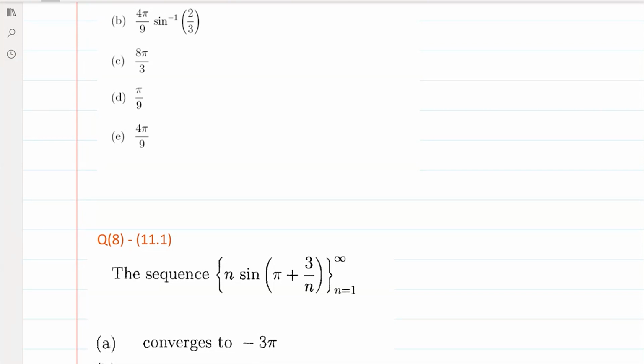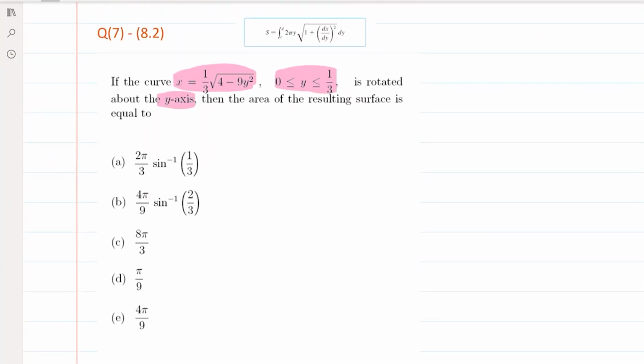Here the question is in terms of y, and this is the limit of y, so I will use dy. If it said the revolution is about the y-axis and everything is in terms of x, you put dx, and instead of y you put f of x, and you find the derivative in terms of x, and the limit of the integral will be x. I said you can solve it in both cases.